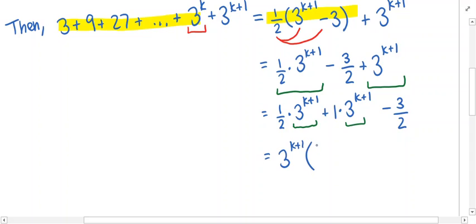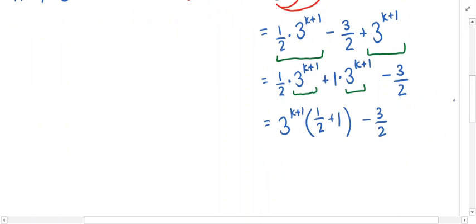That's going to leave you with 1/2 plus 1. And so that essentially tells you that you have 3/2. 1/2 plus 1 is 3/2, so 3/2 times 3 to the k plus 1. That's how those like terms combine. You may have been able to see it from as early as this step.